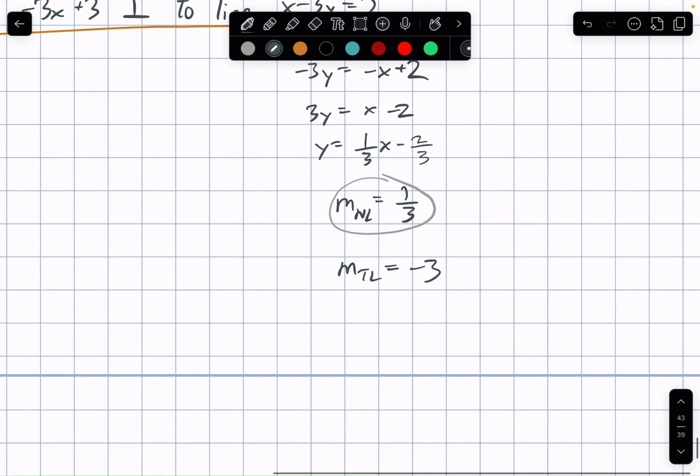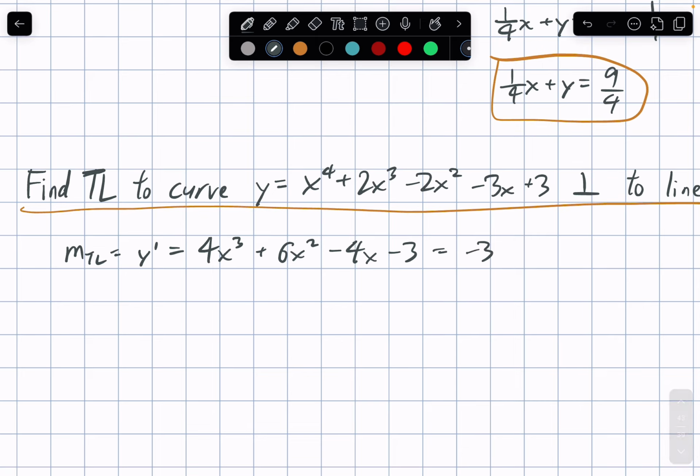Okay, that's equal to what? Negative 3. So at this point, we ought to find the value of x. And there definitely will be more than one value for x. So let's continue. If you transpose this to the left side, these two will cancel.